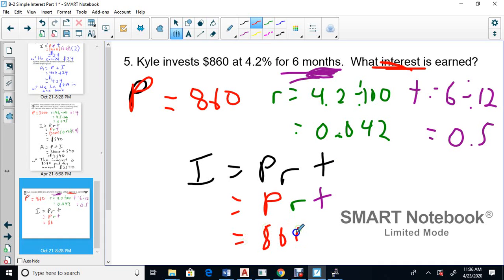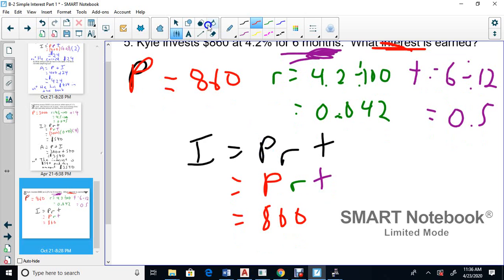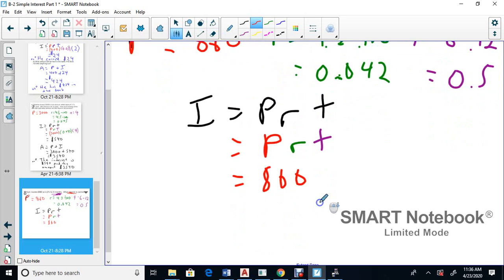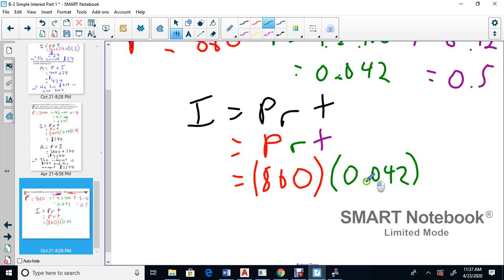Let's erase it and make the 0 a little bit nicer. Now our rate, so these are all multiplied. Our rate in green is 0.042. And our time in purple was 0.5. And let's see what the interest is.